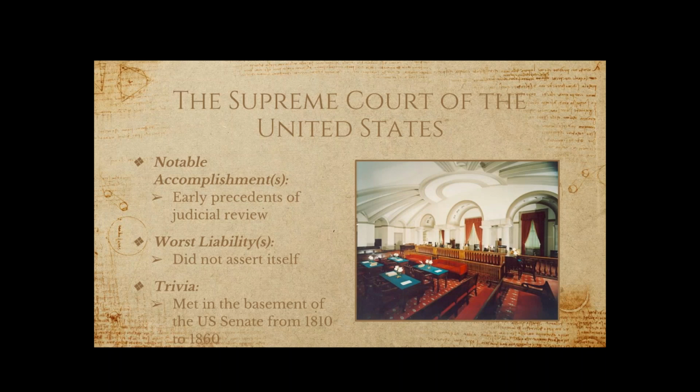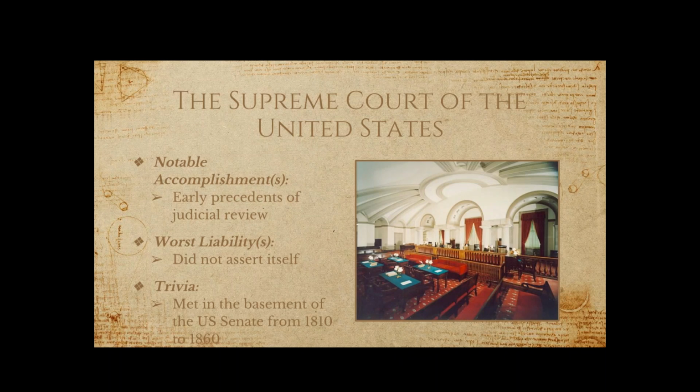And let's begin. The Supreme Court was created under Article 3 of the United States Constitution. When it first met, it did not really assert itself very much. In fact, it was not considered to be a co-equal branch of government.